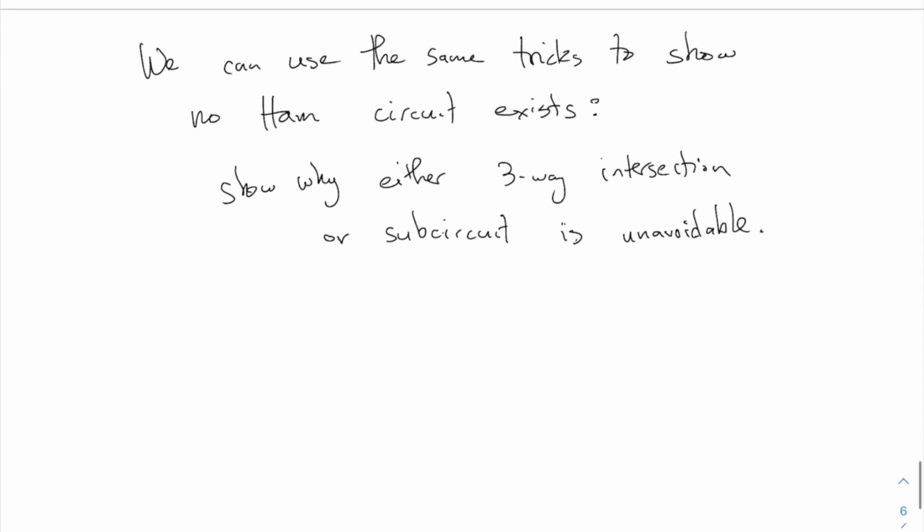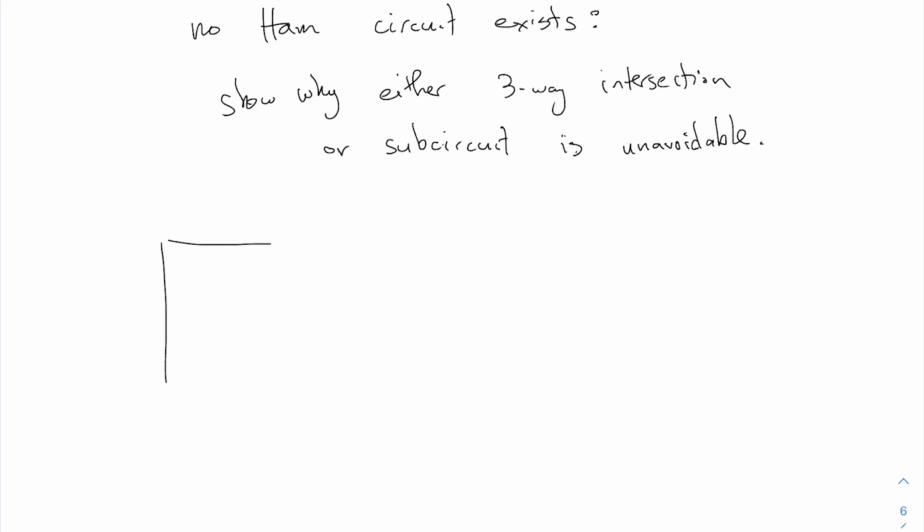As you're doing it, sometimes you will discover that a three-way intersection or a subcircuit is unavoidable. And that just means that it's impossible to make a Hamilton circuit. So here is an example like that. I got very simple examples here. How about this with a vertex in the middle? All right.